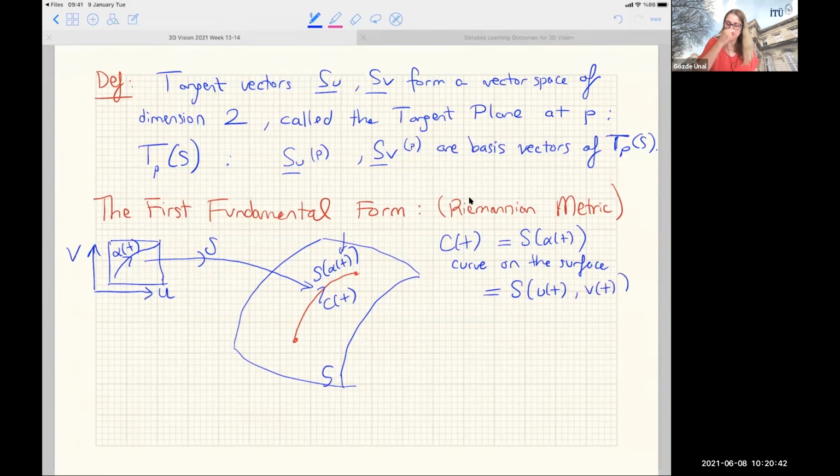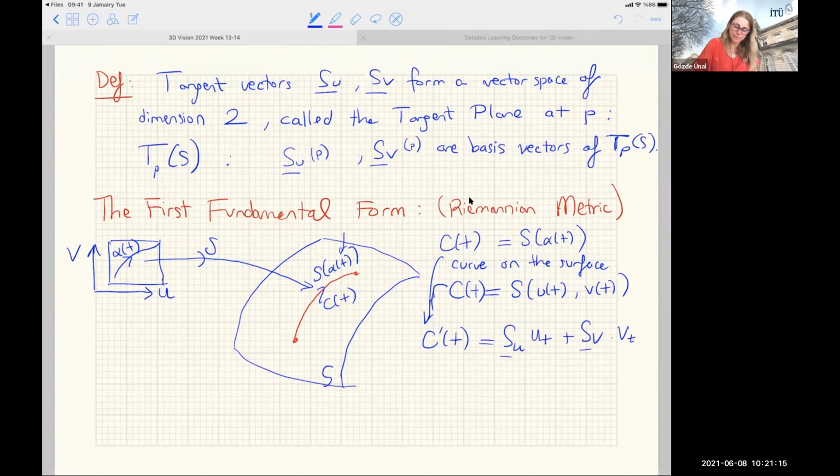Now we'll take, because we know how to do this from last time, the derivative of C, this curve on the surface, C of t. Now take the derivative: C prime is S sub U, that's my tangent vector, U prime of t, plus S sub V, V prime of t, right?